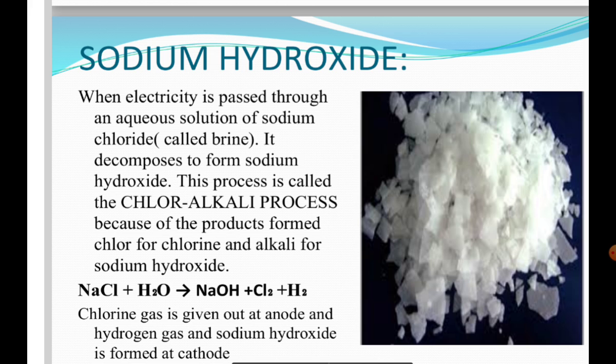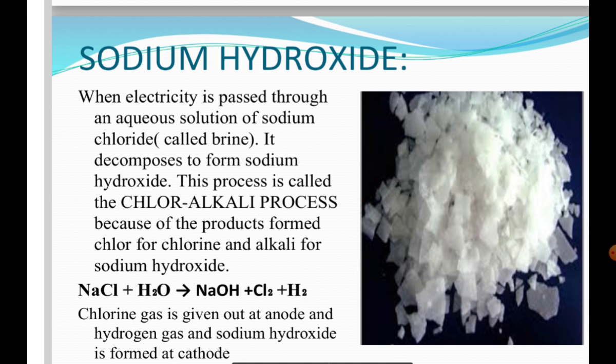This process is called the chlor-alkali process because of the products formed: chlorine and sodium hydroxide. 2NaCl plus 2H2O gives 2NaOH plus Cl2 plus H2. Chlorine gas is given out at the anode, and hydrogen gas and sodium hydroxide are formed at the cathode.